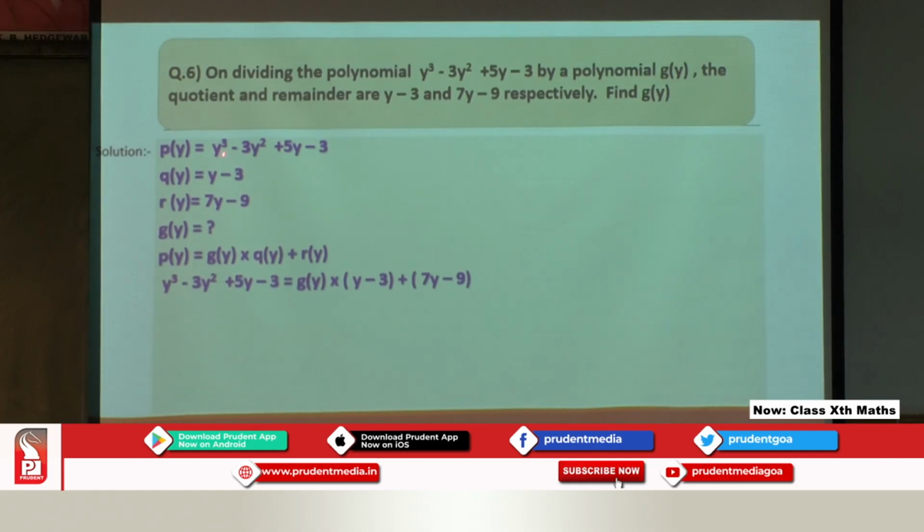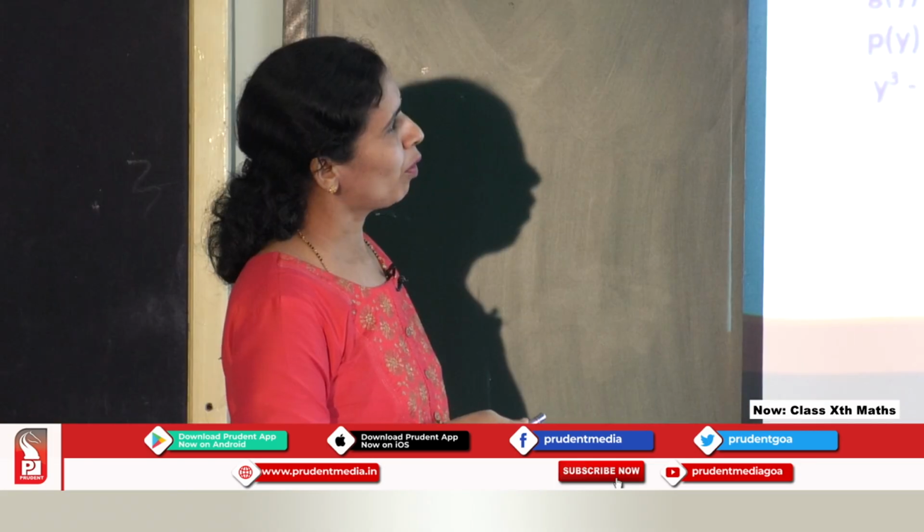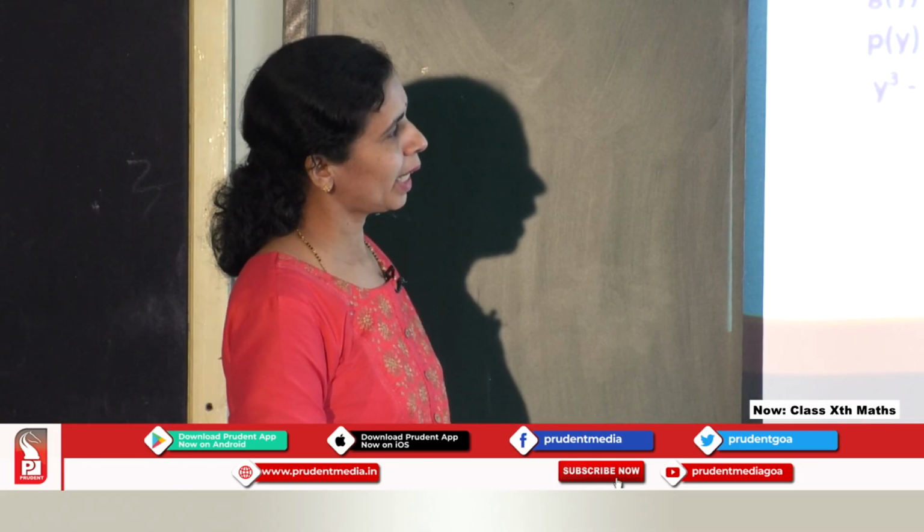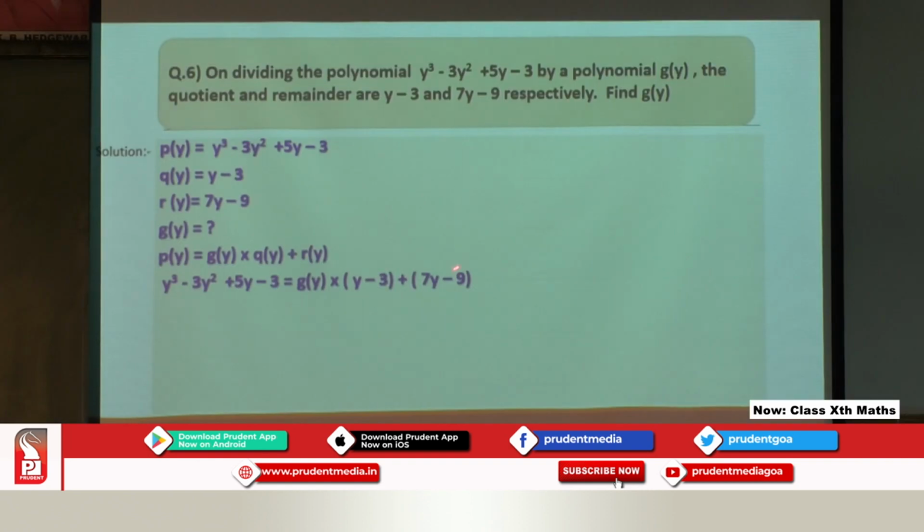So P of y, that is y cube minus 3y square plus 5y minus 3, is equal to g of y into q of y, which is y minus 3, plus the remainder 7y minus 9.